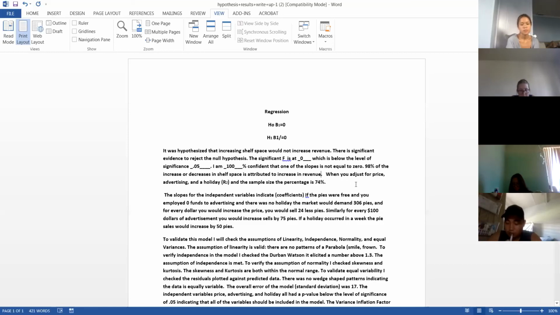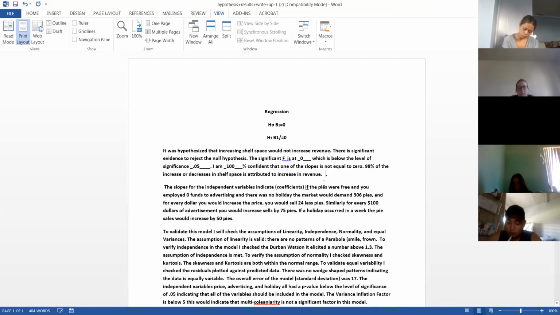Okay. We're not going to do adjusted R-square, because we don't need that yet. We will on the next model.